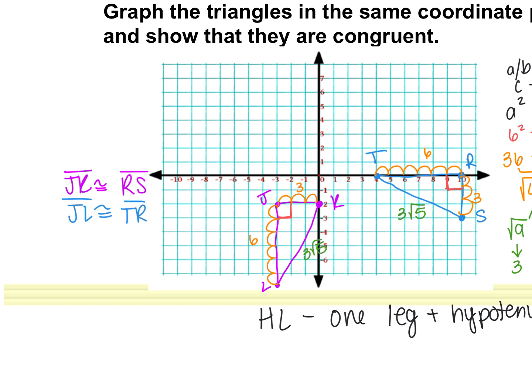And then I have LK is congruent to TS. And if I were to write my congruency statement, I would have triangle JKL is congruent to triangle RST.